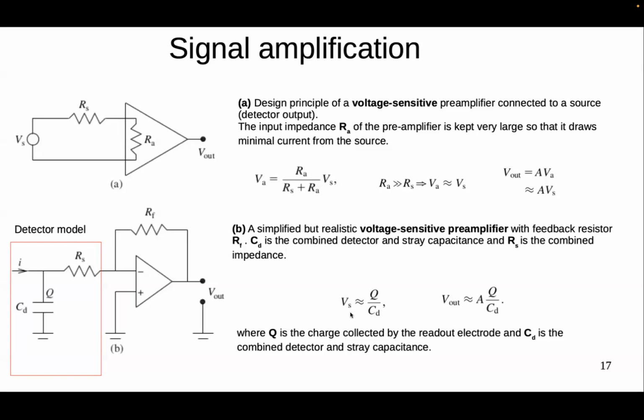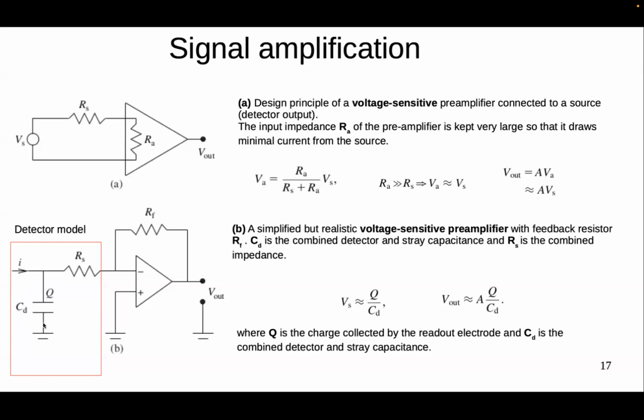So the voltage, okay, here we consider that the signal at the input from the voltage source is closely related to, well, it's equal to the charge from the detector.